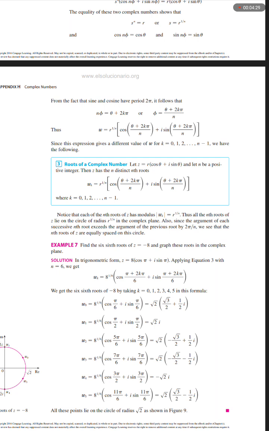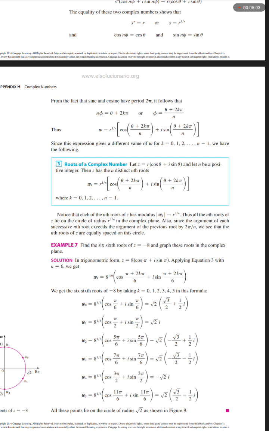Then z has the n distinct nth roots w_k equals r^(1/n) times [cos((θ + 2kπ)/n) + i sin((θ + 2kπ)/n)], where k equals 0, 1, 2, ..., n minus 1.